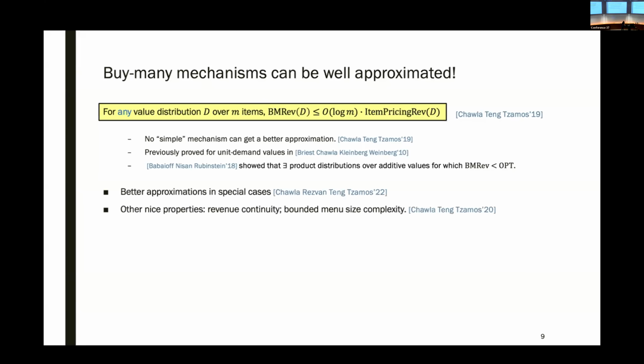And subsequently, there were some other results showing nice properties of buy-many mechanisms, but all of this work was for a single buyer. And what I want to talk about today and the new work is about extending this sort of benchmark and this concept to settings with multiple buyers.